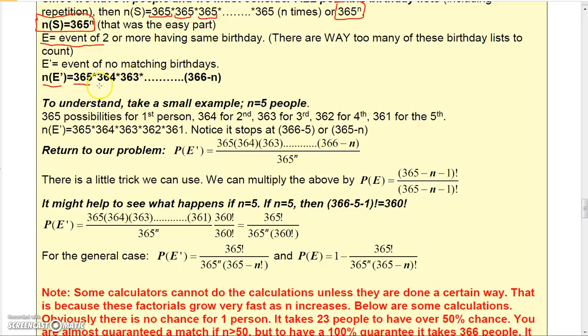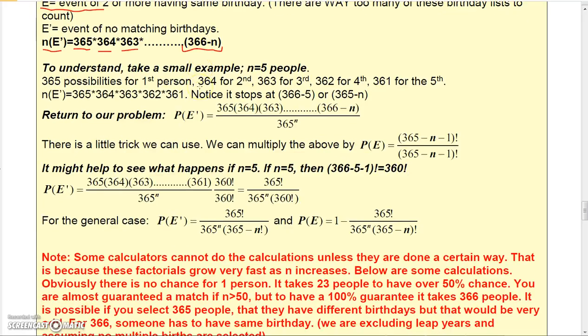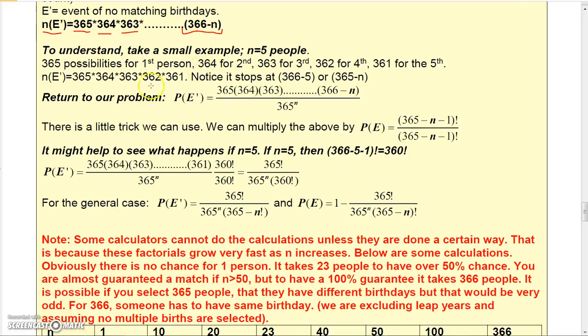So the next person has to be born on 364 days, the next one 363 days, and so forth. And it actually goes down to the number 366 minus N, where N is the number of people in the room. So I'm not going to explain why, but that's basically where it goes down to.